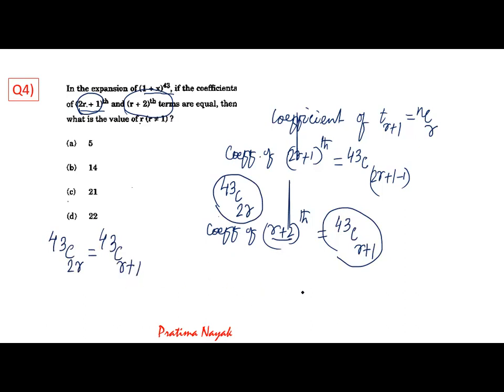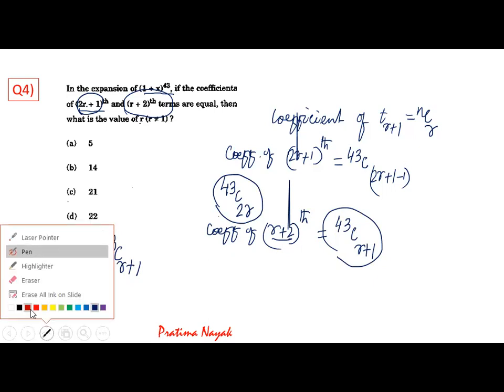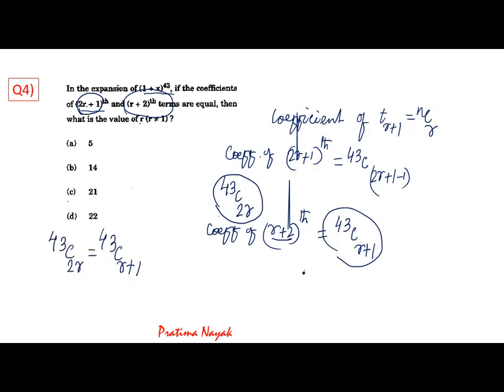Now again we'll apply a short trick. Remember, nCr is equal to nC(n minus r). That means if nC8 is equal to nC6, these two add up to give you n.